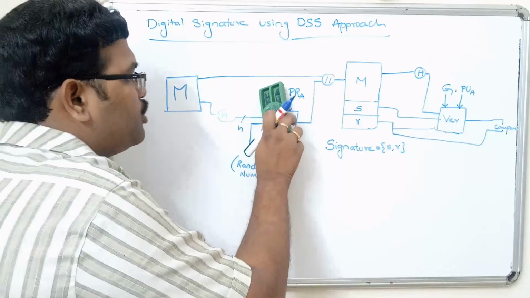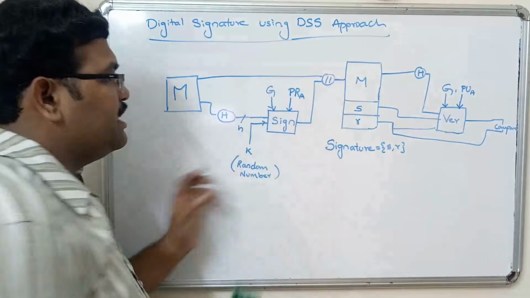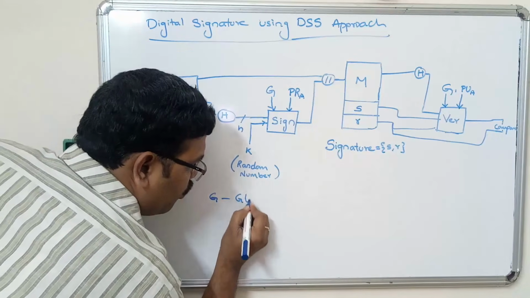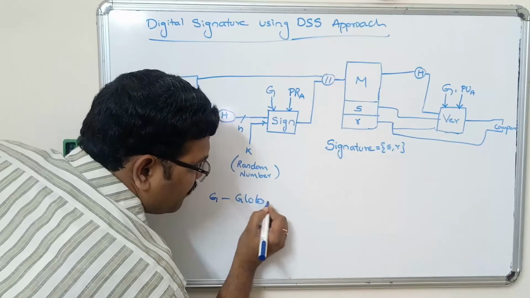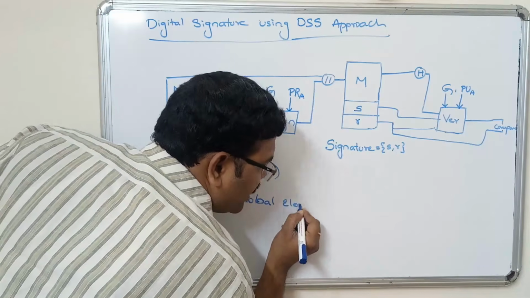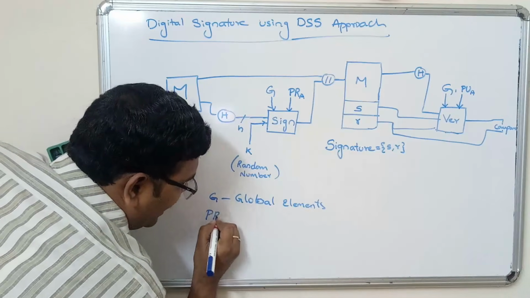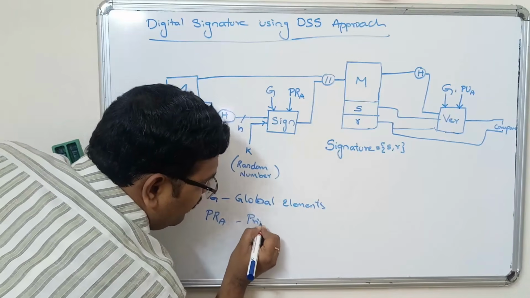Here we will use two components. One is G, for global parameters or global components. Global elements, we can call it anything. And PRA, which is the private key of user A.